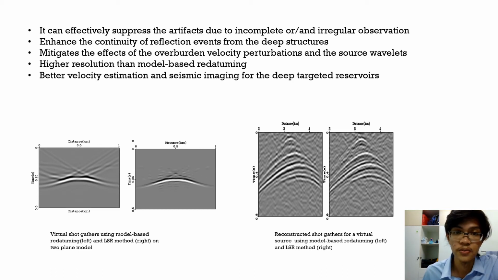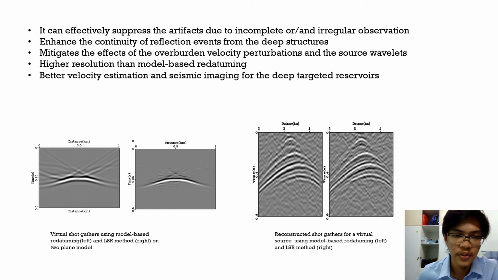It enhances continuity of reflection events from deep structures. It mitigates the effects of overburden velocity perturbation and the source wavelet. It shows higher resolution than model-based redatuming, and also better velocity estimation and seismic imaging for deep targeted reservoirs.